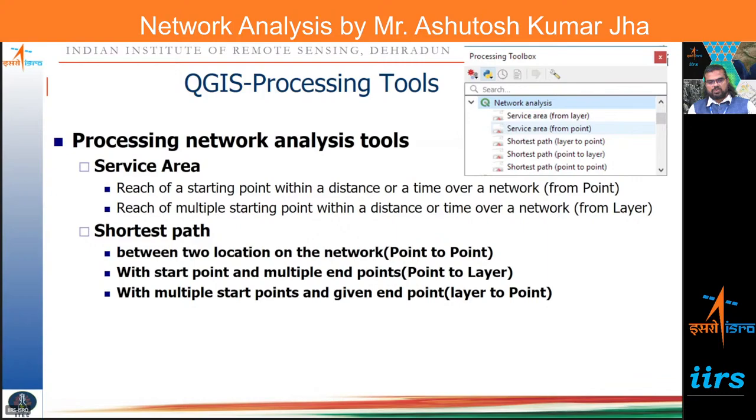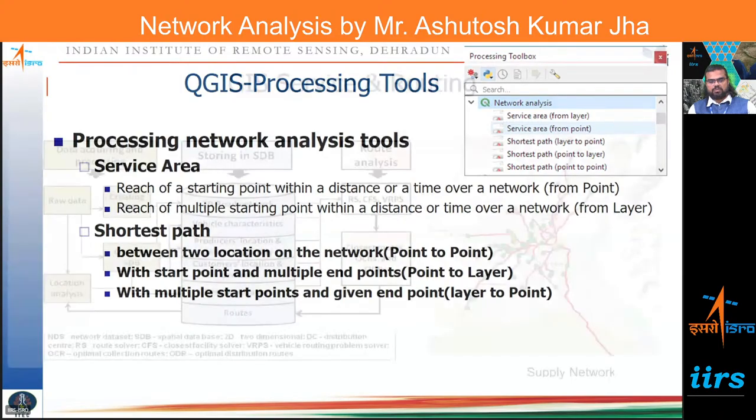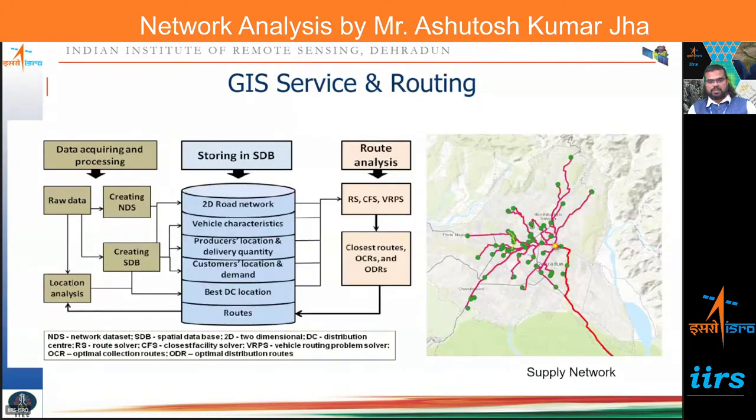And then we can also get a shortest path from one point to all the other points available, or all the other points to a particular point. These are shortest path operations which we can do. For that, in this example, we'll be using GIS routing.